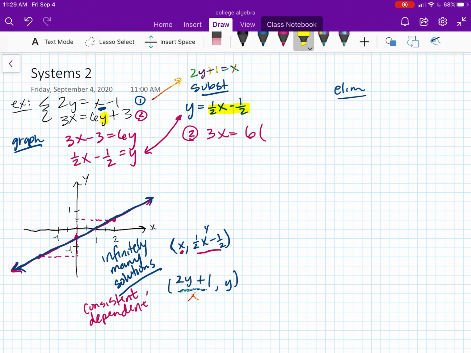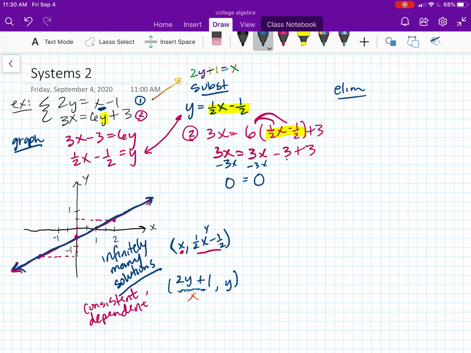So multiplied by that, the 1/2 x minus 1/2 plus 3. Okay, now let's distribute. That'd be 3x minus 3 plus 3 equals 3x. If we solve for x, I would subtract the 3x on both sides. So I'd have 0 on the left, and then on the right, I have negative 3 plus 3 is 0 as well.